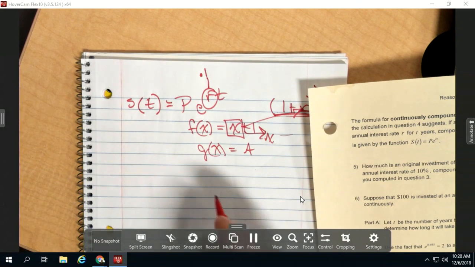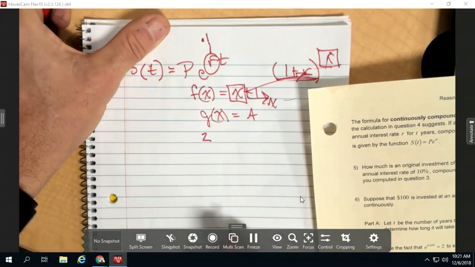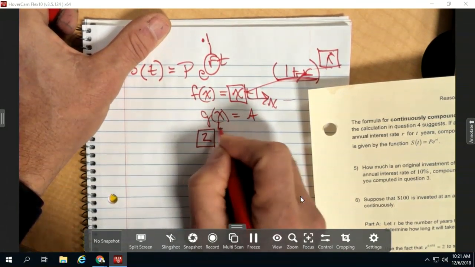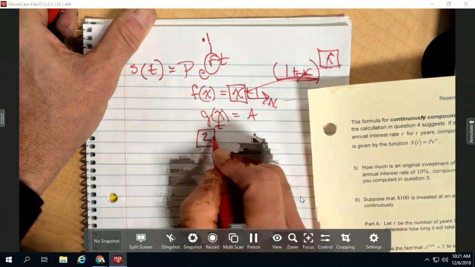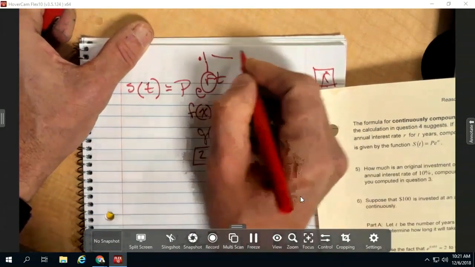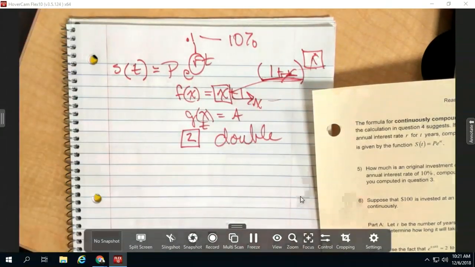The other form we certainly could use, for example, if we wanted to know how long it took to double, we could take 2 to the t. Okay? That helped us. This is the doubling time. But this is what happens when you have a 10% interest rate.